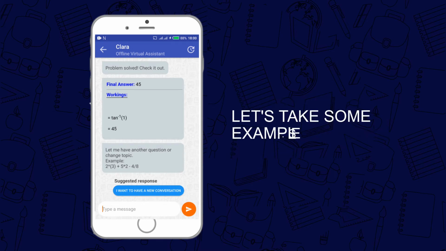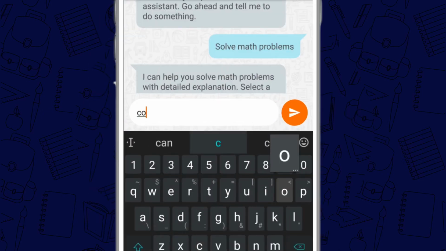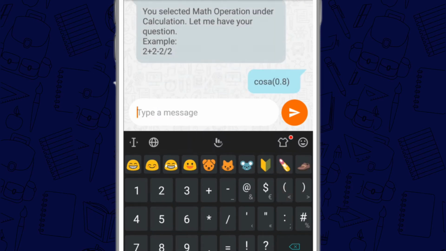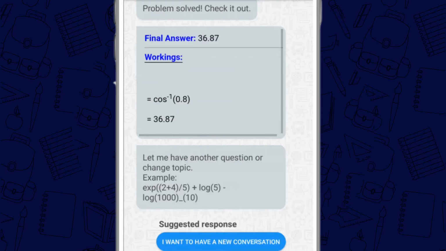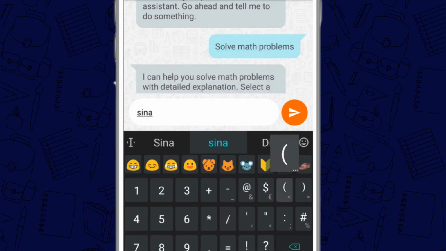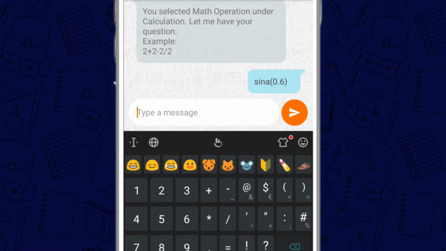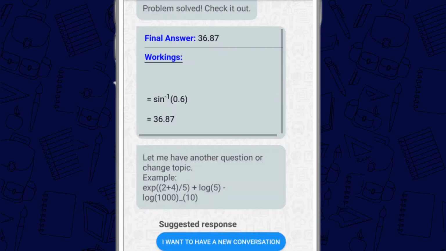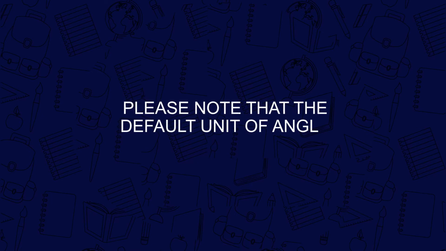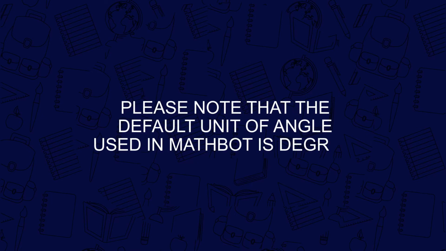Let's take some examples. Inverse cosine. Inverse sine. Please note that the default unit of angles used in MathBot is degree.